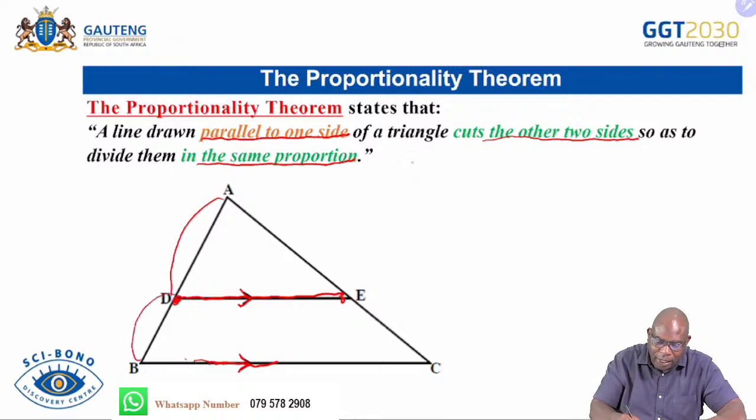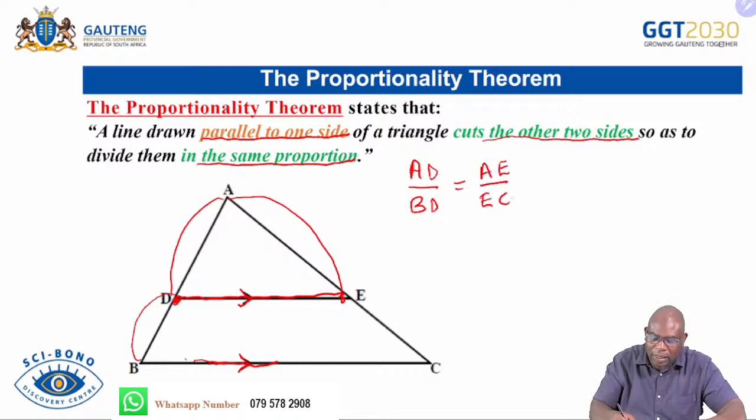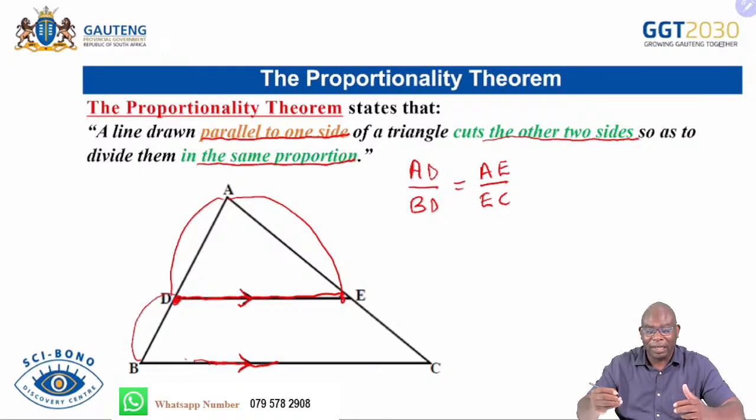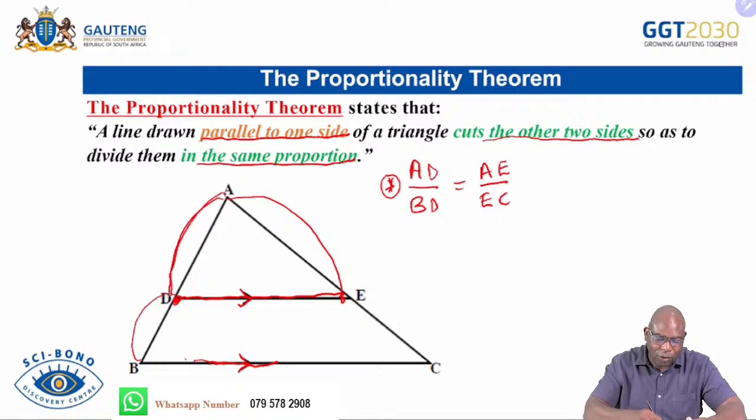So if I have AD over BD, on the other side I must have AE over EC. That is what it means. It divides the other two sides in the same proportion. So here is the first proportion that we are going to be working with: AD over BD is the same as AE over EC.